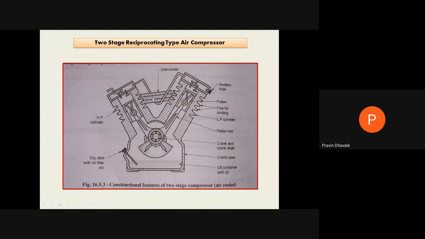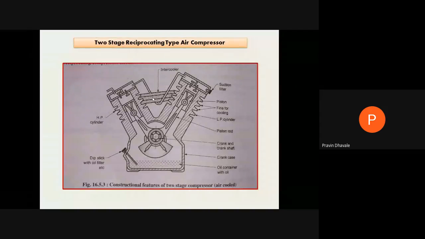And the intercooler is required to reduce the temperature of the air, because there is a relation between air density and temperature. As the temperature of air increases, the density of the air also increases.